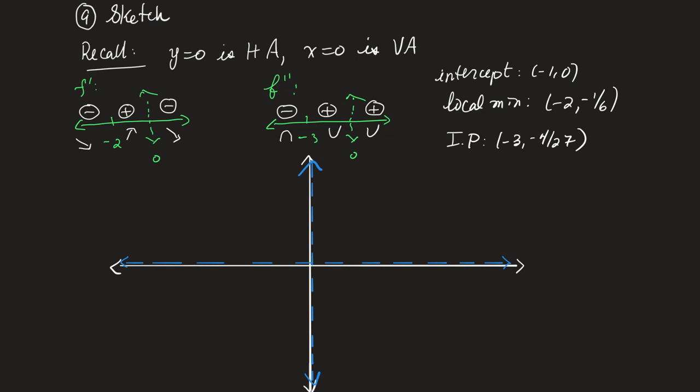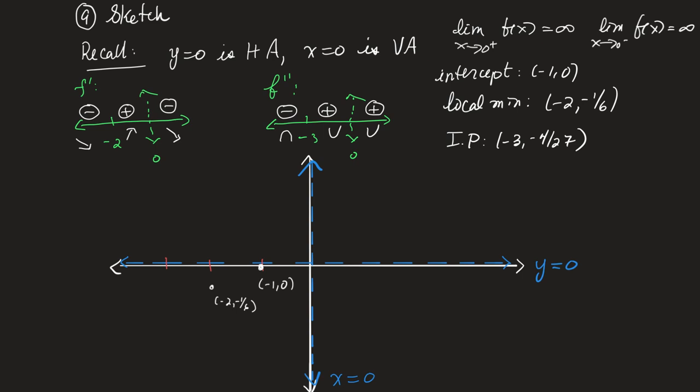So I've recalled the relevant information. First note, we had a horizontal asymptote at y equals 0. And I've labeled that horizontal asymptote in blue with a dotted line. I have a vertical asymptote at x equals 0, which I've also labeled in blue. And now I need to use the information that I'm given to sketch the curve. So first, I'm going to sketch some of these relevant points.